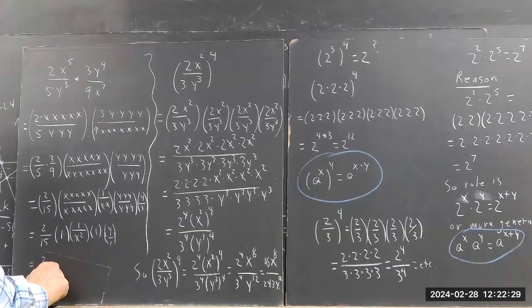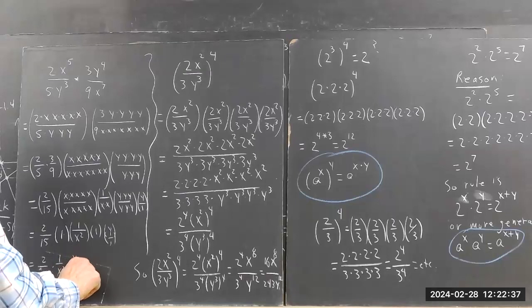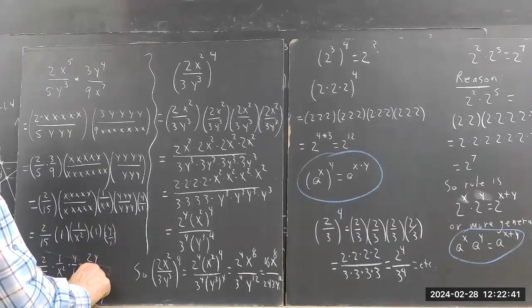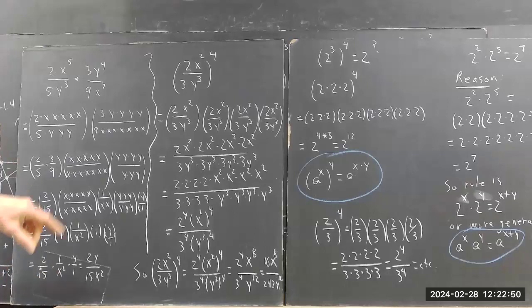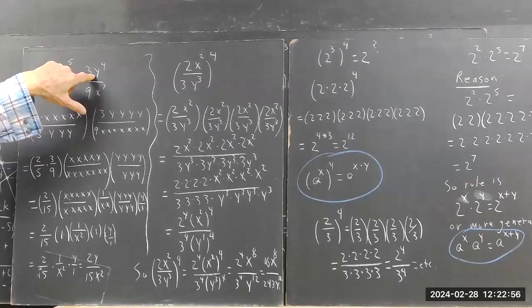And that's 2/15 times 1 over x squared times y over 1, which comes out 2y over 15x squared. For that reason, OpenMath is going to tell you that the y cubed down here cancels with 3 of the 4 y's that you have here.